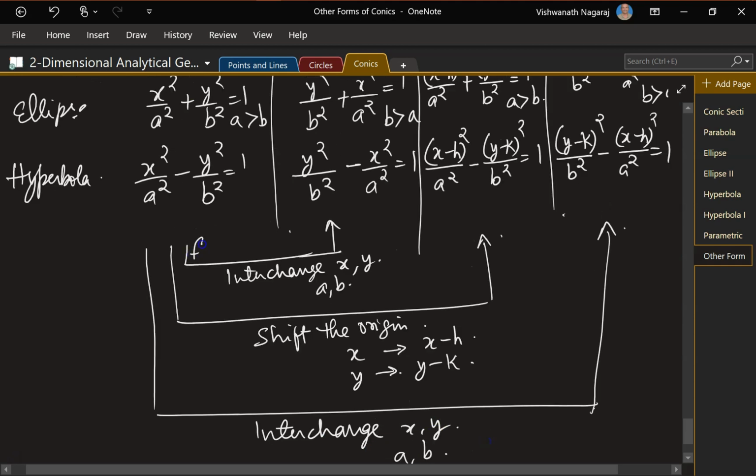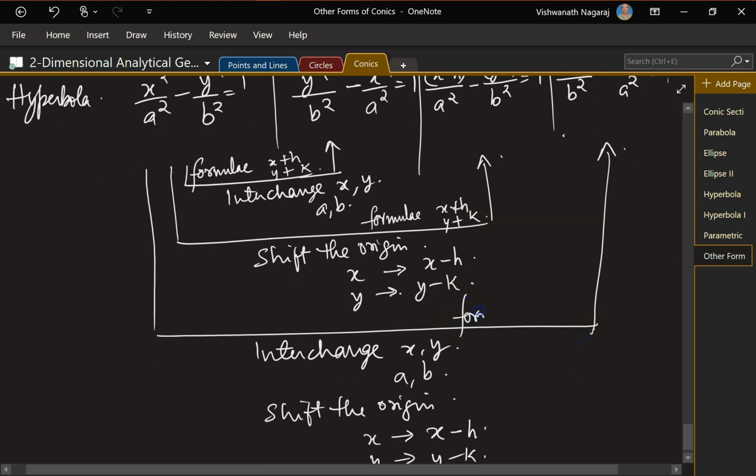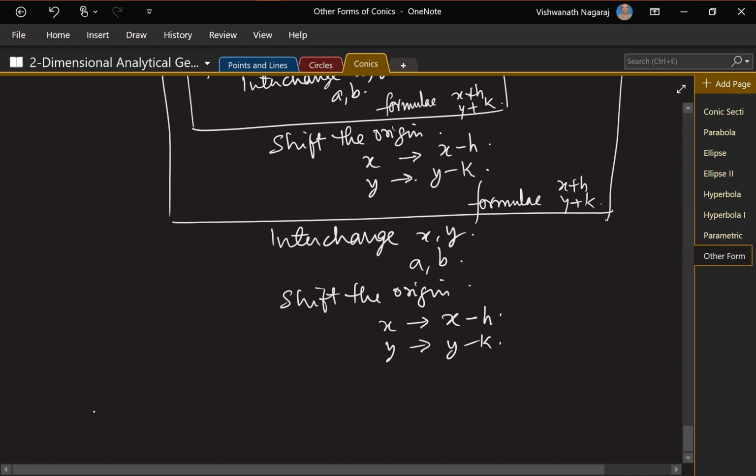And here for the reverse, x plus h, y plus k. In this case, again all the formulae will change: x plus h, y plus k. And here again formulae will change: x plus h, y plus k. So that is different types of conic sections. Enough for today. Bye for now.